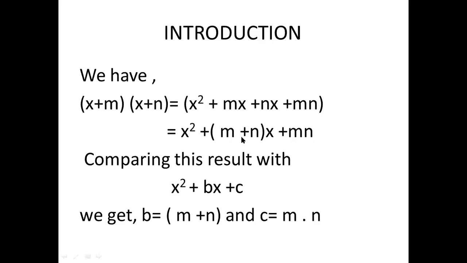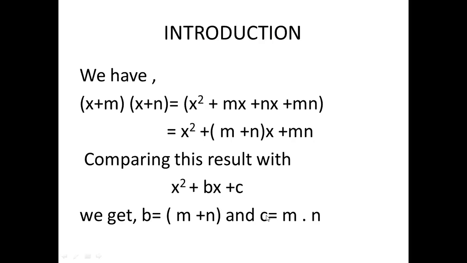Comparing this result with x square plus bx plus c, in place of b we get m plus n. We get b by adding, and we get c by multiplying m into n. So b equals m plus n and c equals m into n.